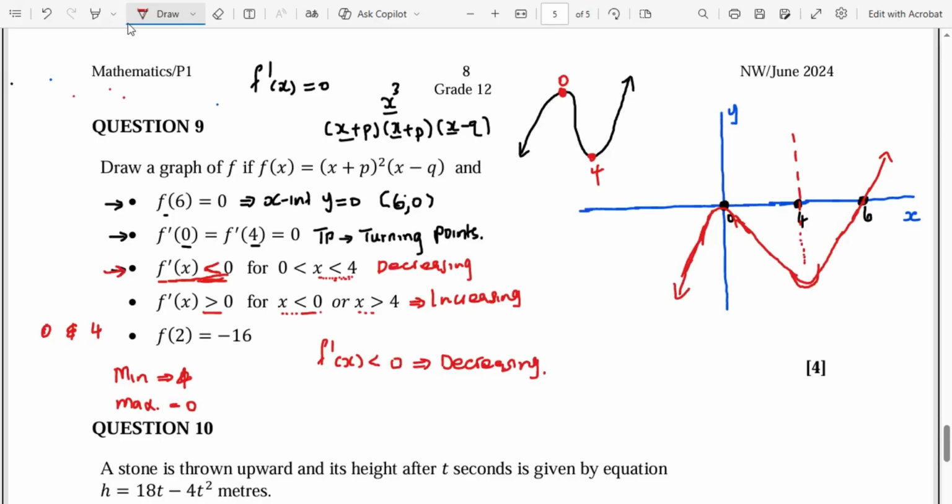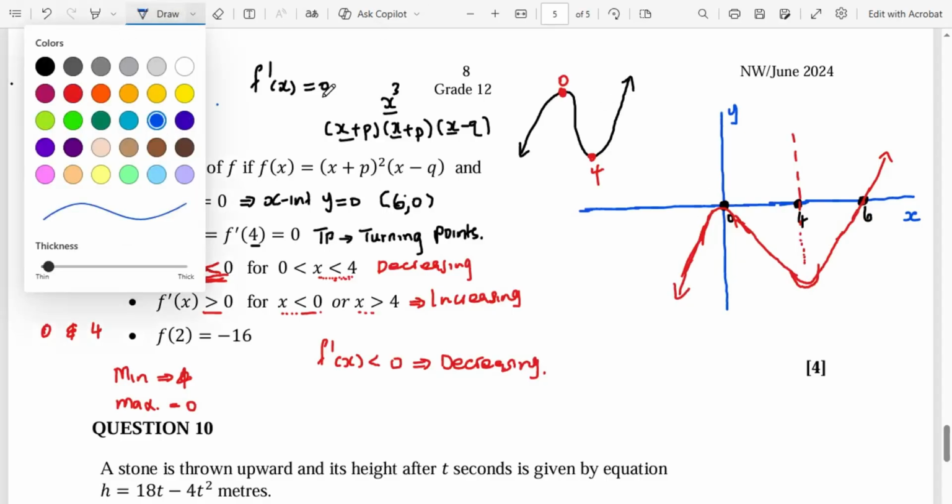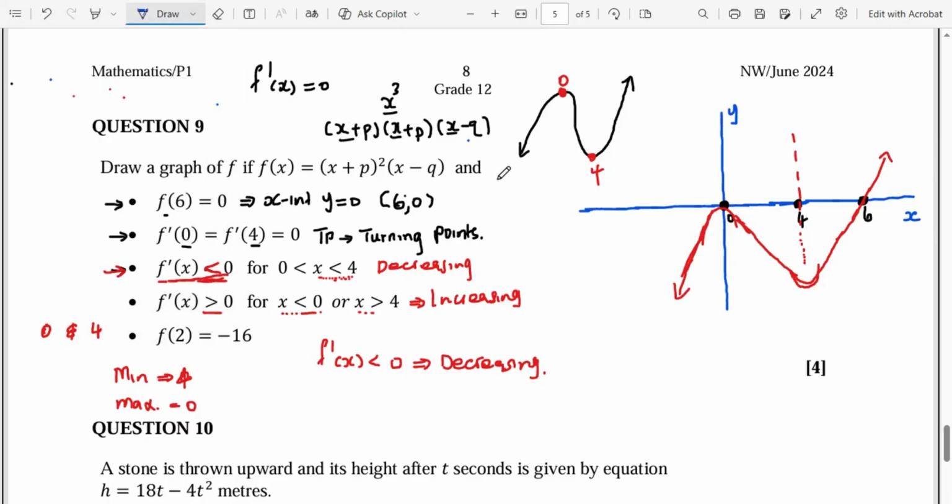So let me explain what's going on here. They say that f of x is decreasing for x less than 4. So you can see that from 4, this point here, the graph is decreasing. Look at this.